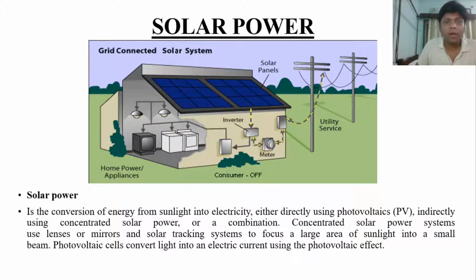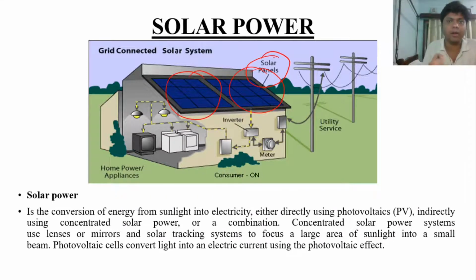Now guys, as you can see on your screen, the solar panel, or PV panel, photovoltaic panel, is located on the roof of the home. This is called a solar panel. What is the purpose of this solar panel?